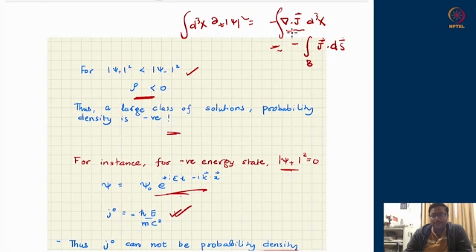If I am talking about the whole universe, I have to go up to infinity. That means I have to do the surface integral at infinity, and the wave functions fall faster towards infinity, J vanishes, so the right hand side vanishes.